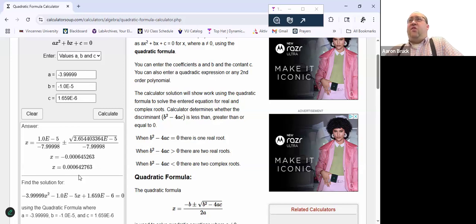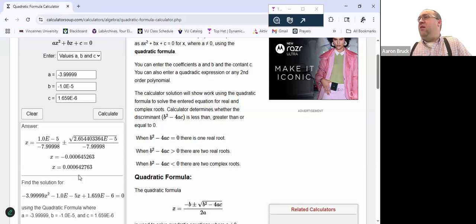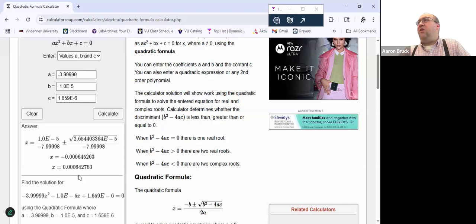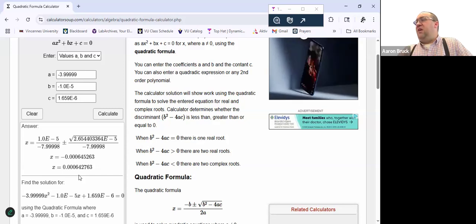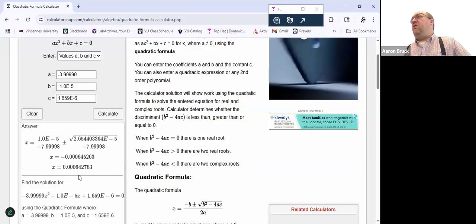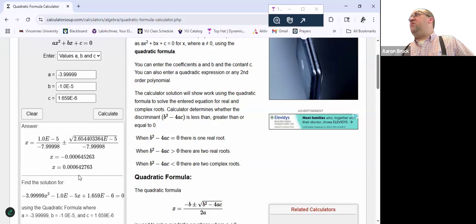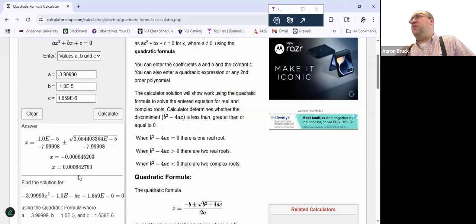Now, like I said, if you're using a graphing calculator, there are ways to calculate roots using the graphing function of your graphing calculator, and some are programmed also with quadratic solvers. And if you need help with that, I can help you with that at a later time. But don't be afraid to use something like this. I've been using this one on Calculator Soup for years.